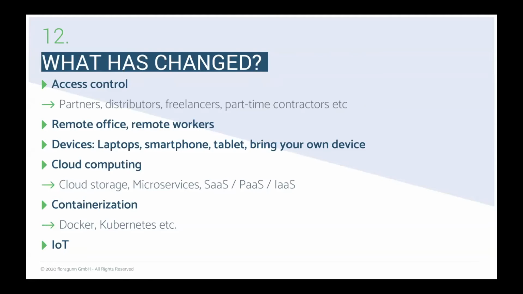And then, of course, containerization is going to continue. So that's Docker, that's Kubernetes, very dynamic infrastructures where you can spin up containers and pods and spin them down as required. And the last thing is IoT. So there's also an explosion of devices that can actually generate data that needs to be stored securely somewhere.